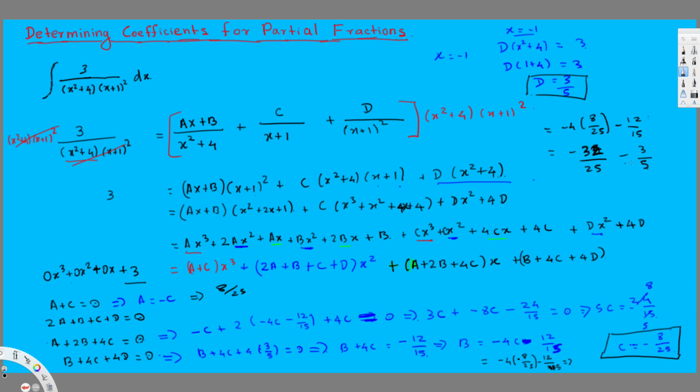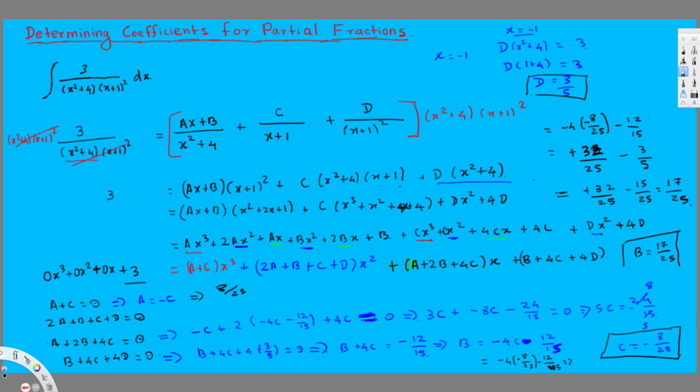I have to multiply this by 5, so this is going to be 15 over 25, and then we have 17 over 25. So this is our b value. So b is equal to 17 over 25.